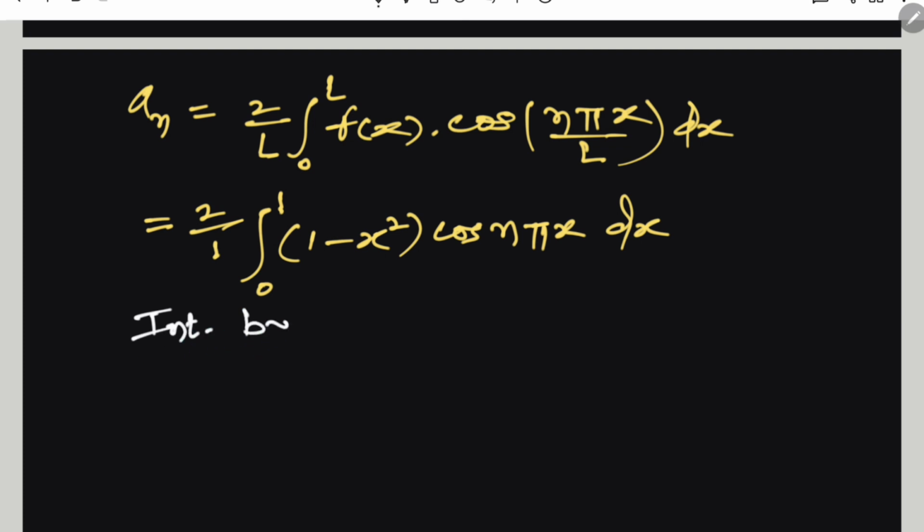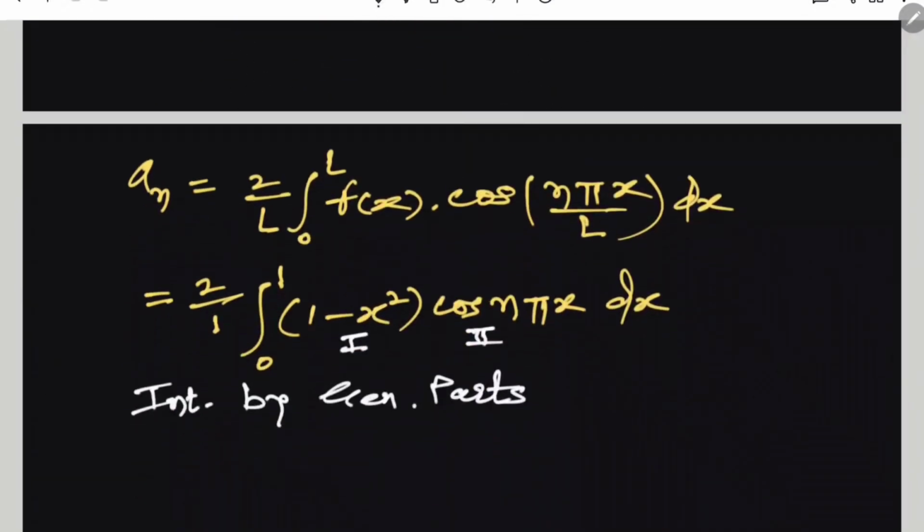As it is a product of two terms, we can apply integration by generalized parts. 1 minus x square is an algebraic term, therefore we consider that as the first term, and cos is a trigonometric term, therefore the second term.